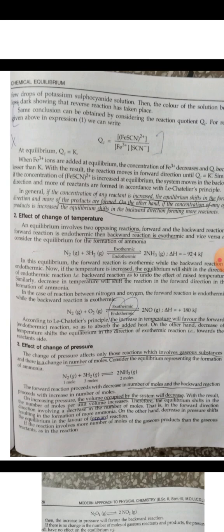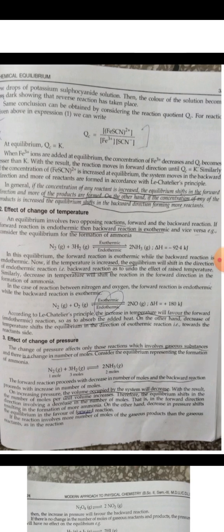After discussing the effect of change in concentration on equilibrium, we will discuss the effect of change of temperature on the state of equilibrium according to Le Chatelier principle. An equilibrium involves two opposing reactions, forward reaction and backward reaction.